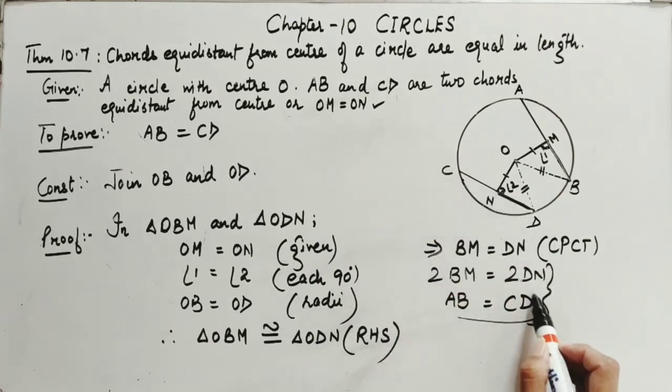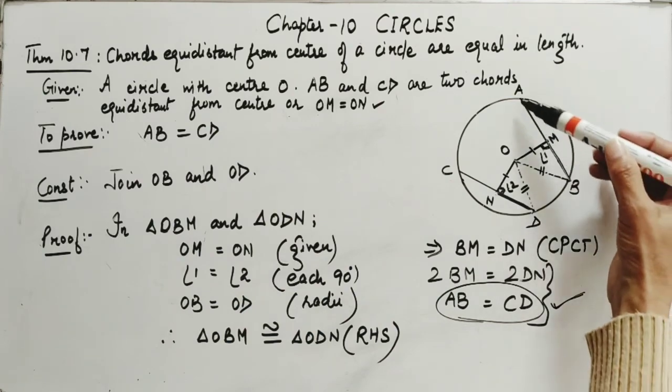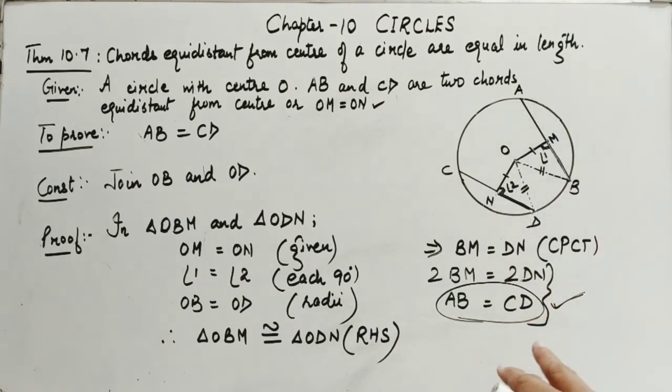So hence our result that chords are also of equal length, it's proved. Remember, whenever two chords are at equal distance from the center, they would be equal, and even the converse is true. So hence it's proved. This is also an important result that would be used in many questions, so just go through it very carefully.